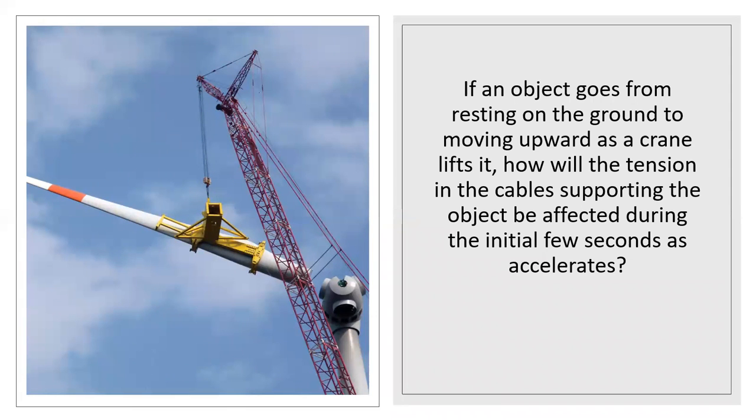The key to this question lies in at rest or constant velocity. At rest or constant velocity, the net force is equal to 0. So tension has to be equal to the force of gravity. We've used that principle for the last examples. If it's going from rest to a velocity, it has to speed up at some point, so it must accelerate.